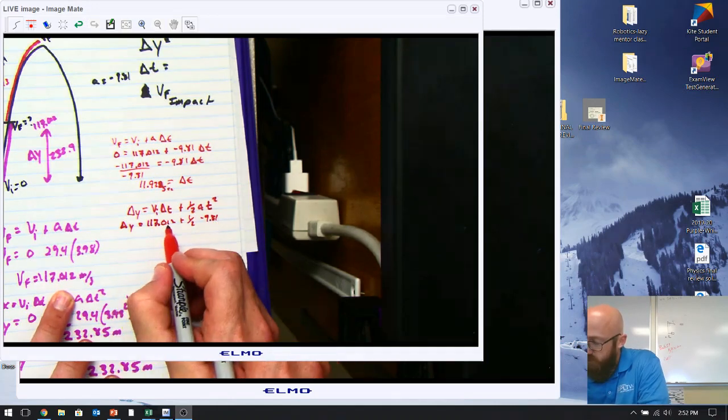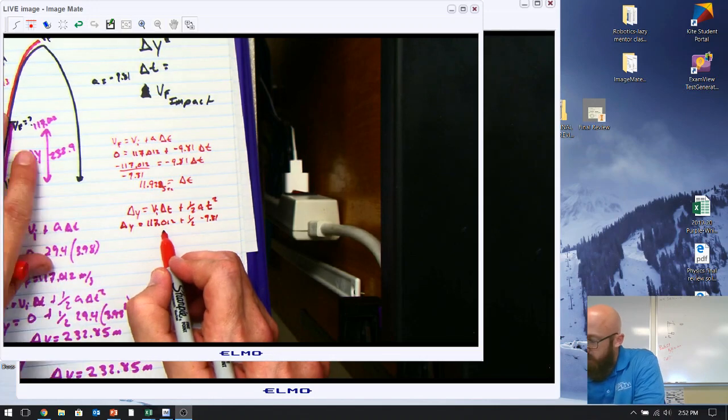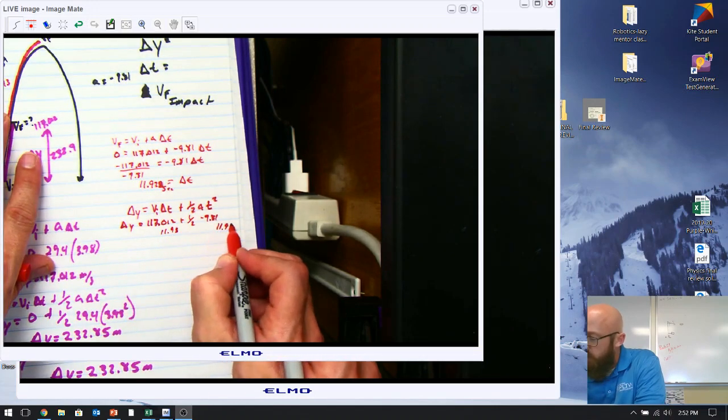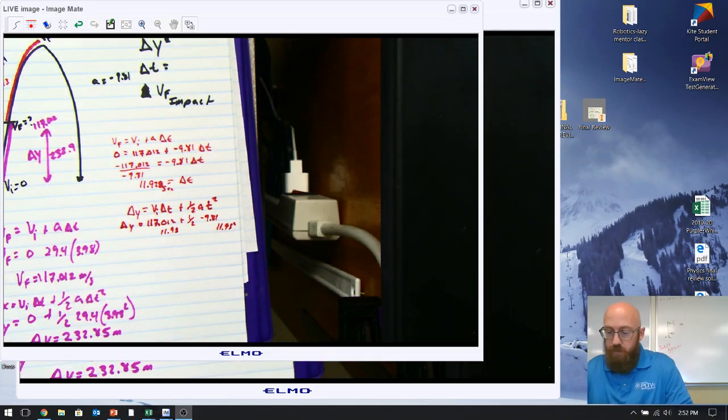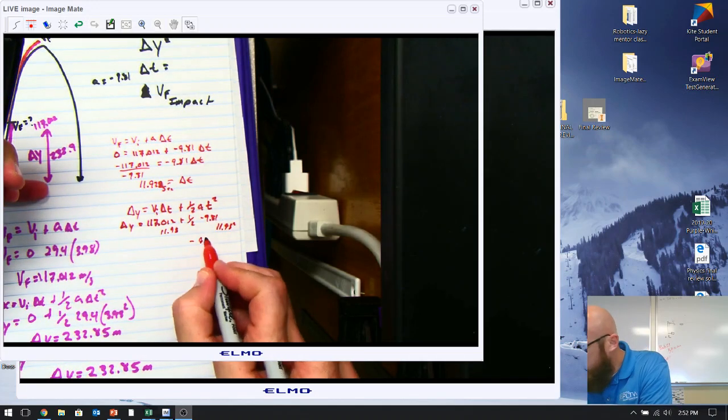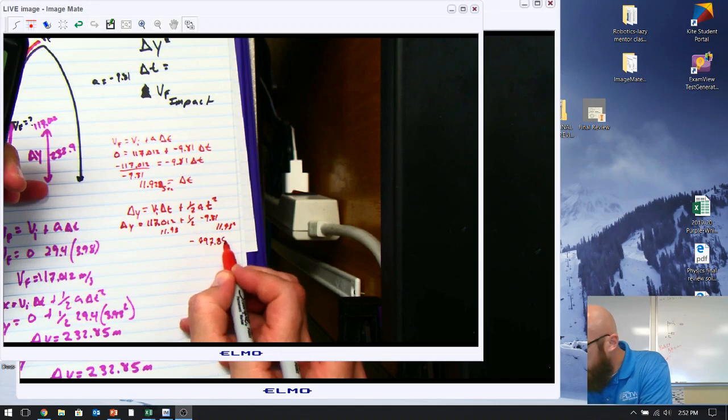Oops, I forgot the delta t's there. So my time, 11.93 squared. Whew, that's a big problem. So 11.93 squared times 9.81 times 0.5 gives me a negative 697.85 there.